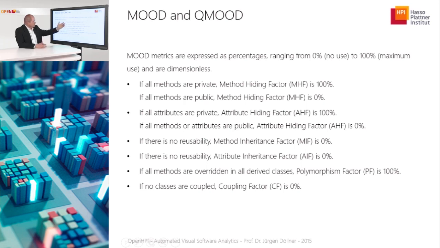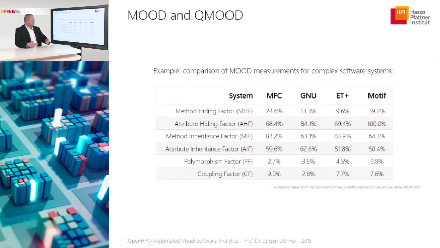But these values reflect how the particular metrics of MOOD can be interpreted, and we can even go further and look at, for example, a collection of similar software systems, and we can ask, how do these software systems use different object-oriented design principles? With the MOOD metrics, we can evaluate these characteristics.